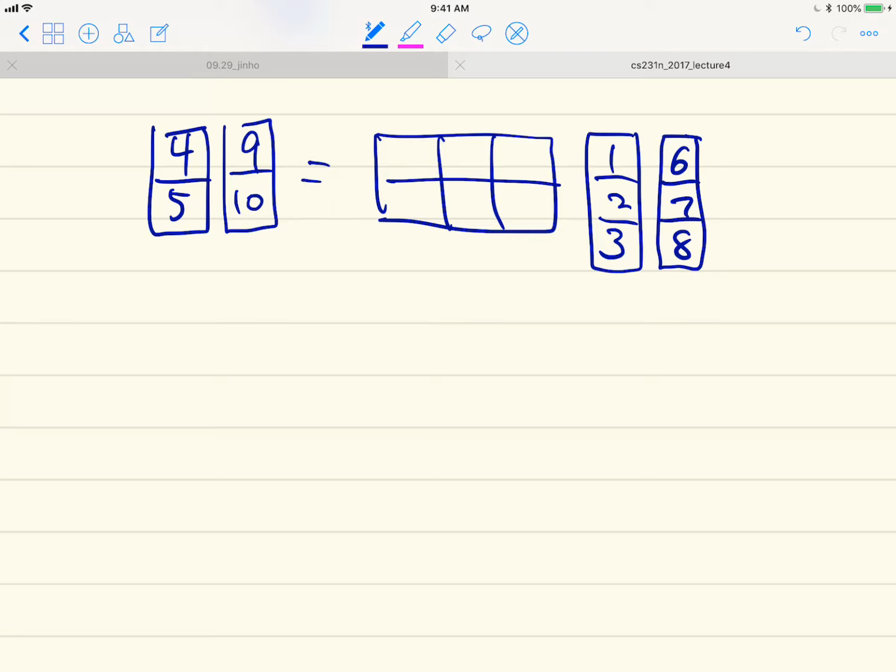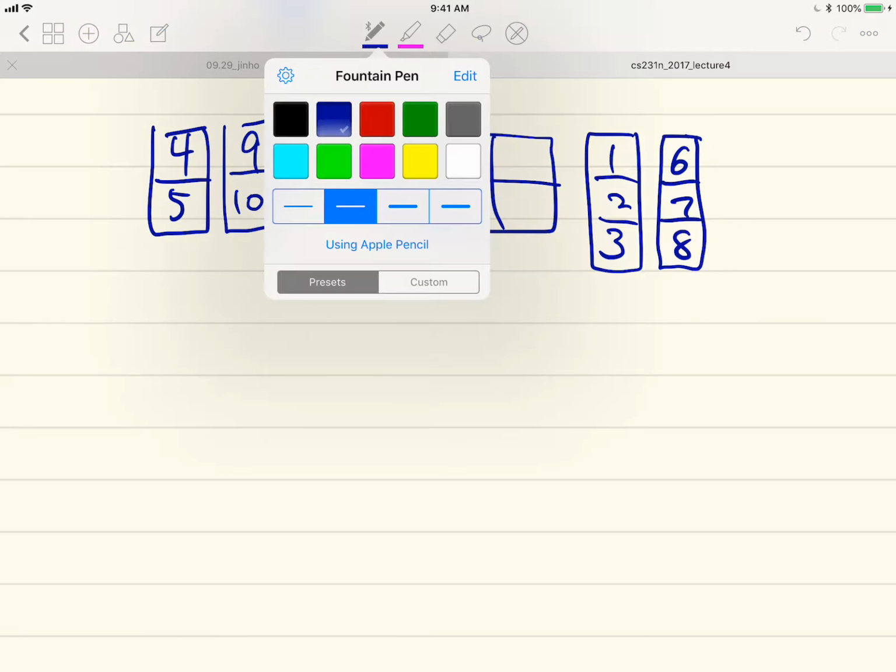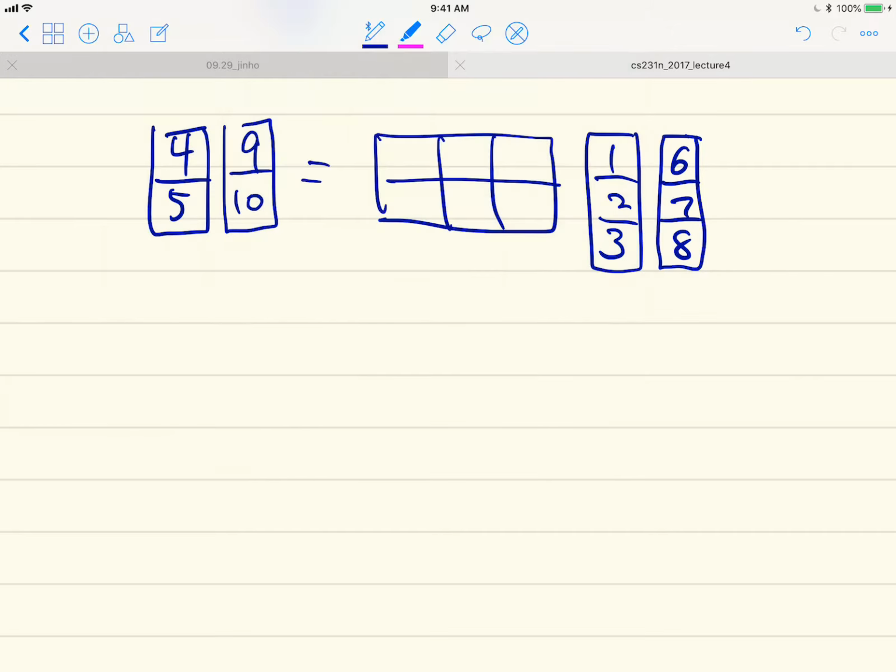So this one can be viewed as another perspective of matrix multiplication. If you remember another type of matrix multiplication, it can be viewed as a column combination.